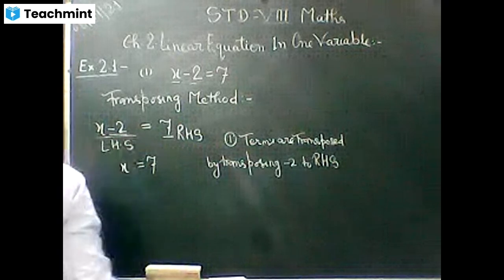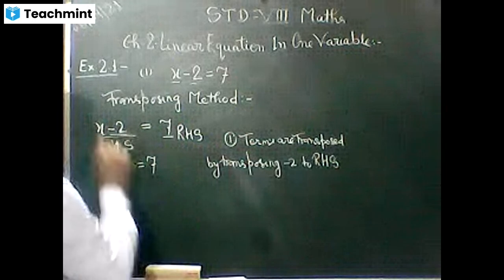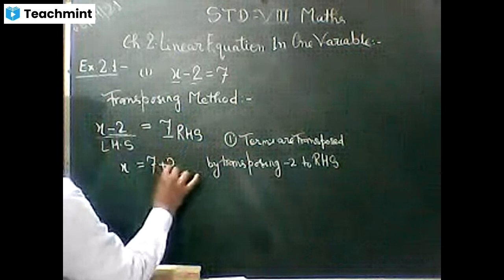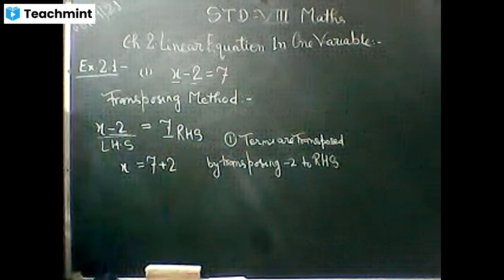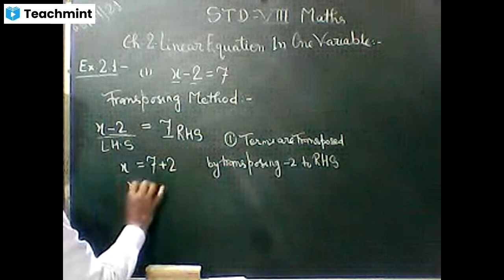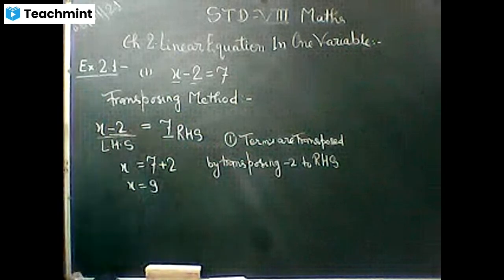After transposing, there is a mathematical change. If it is subtracted, then in transposing it is added. It is added, that is what we have to learn. And then we find that the value of our x is 9.